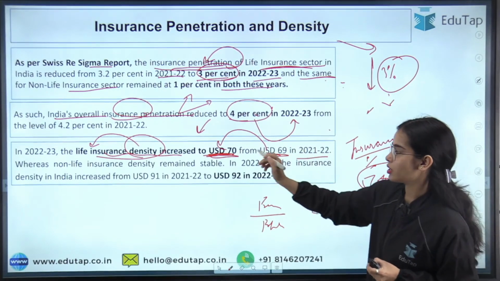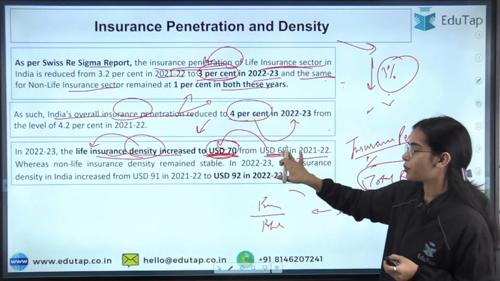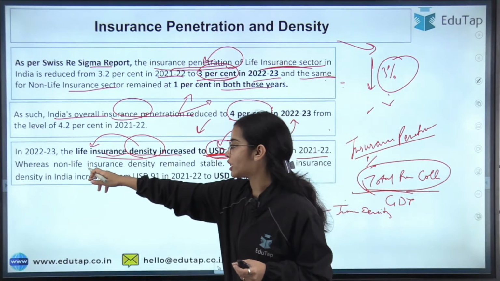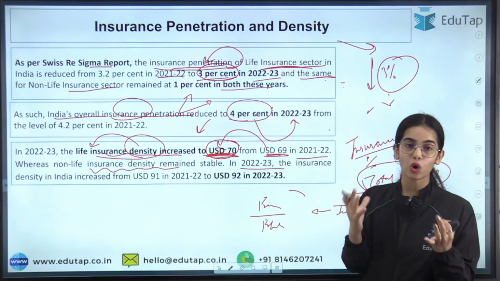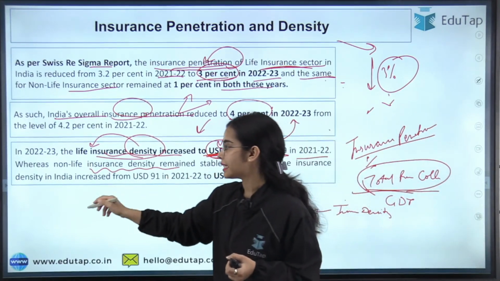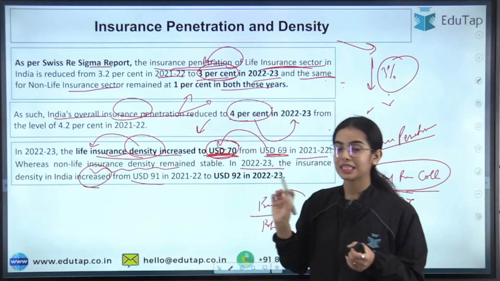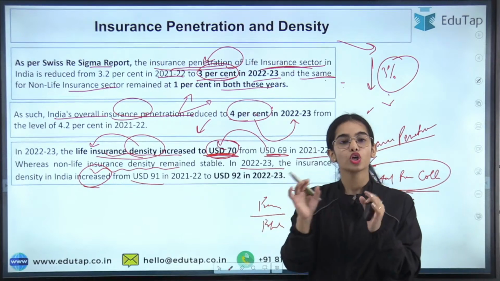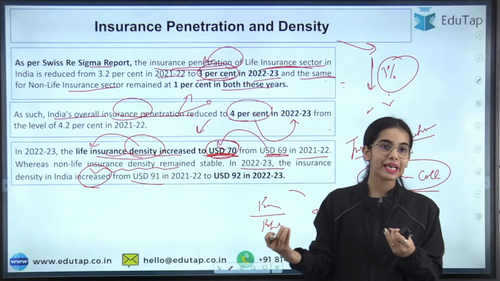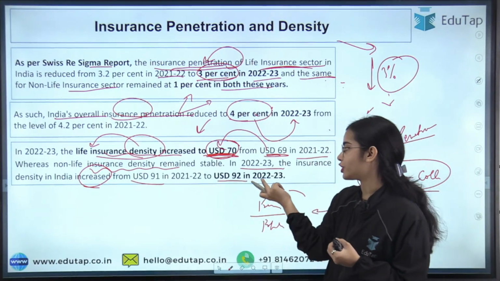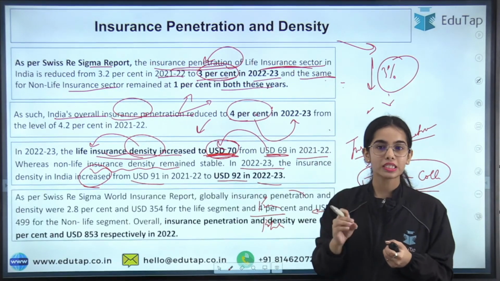That is the comparison of 2022-23 with 2021-22, whereas non-life insurance density remained stable. Overall in 2022-23, the insurance density in India has increased from USD 91 to USD 92. So the average premium collected on a per head basis has become USD 92 in 2022-23.